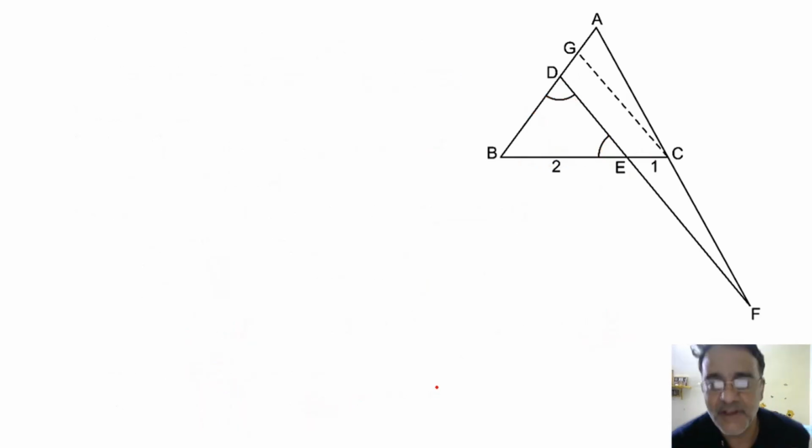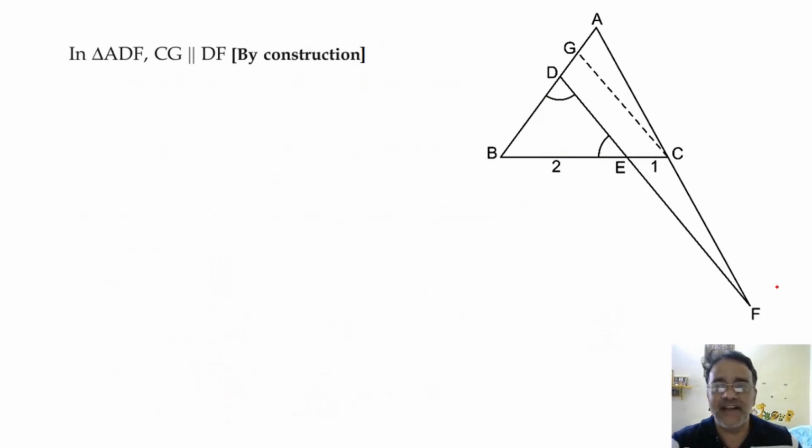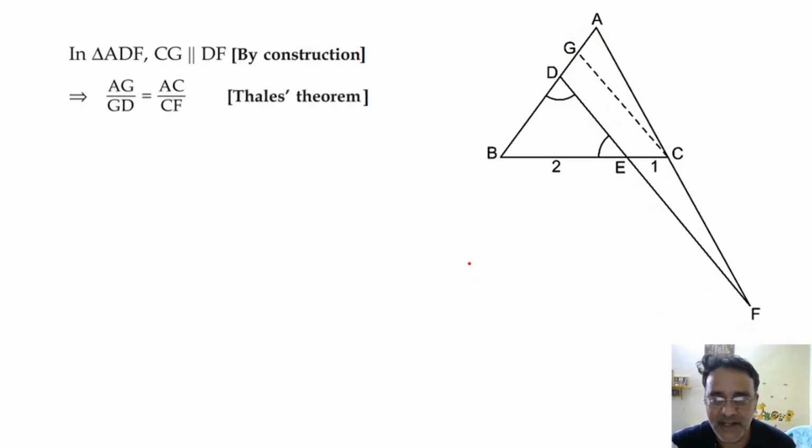ध्यान से देखो. We are going to take first in triangle ADF. फिर से देखो ADF. CG is parallel to DF by construction. So again we are using Thales theorem, basic proportionality theorem. AG upon GD is equals to AC upon CF.